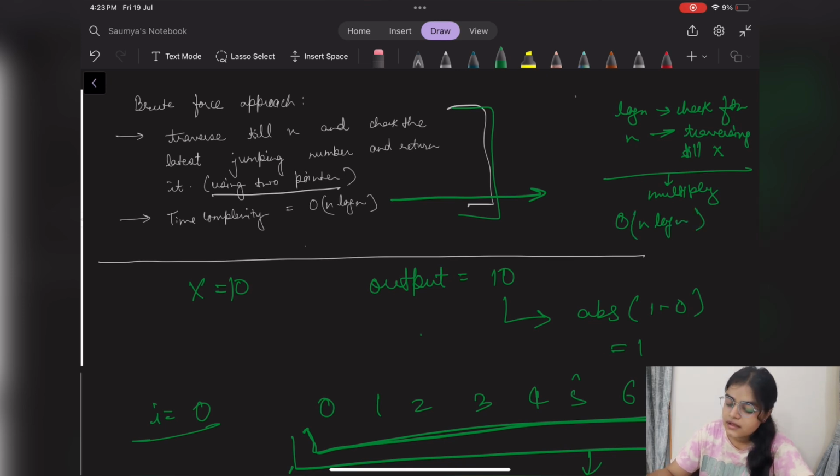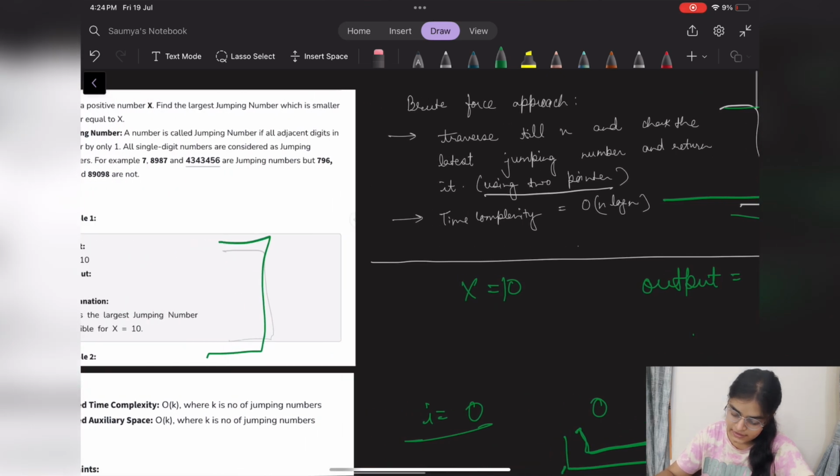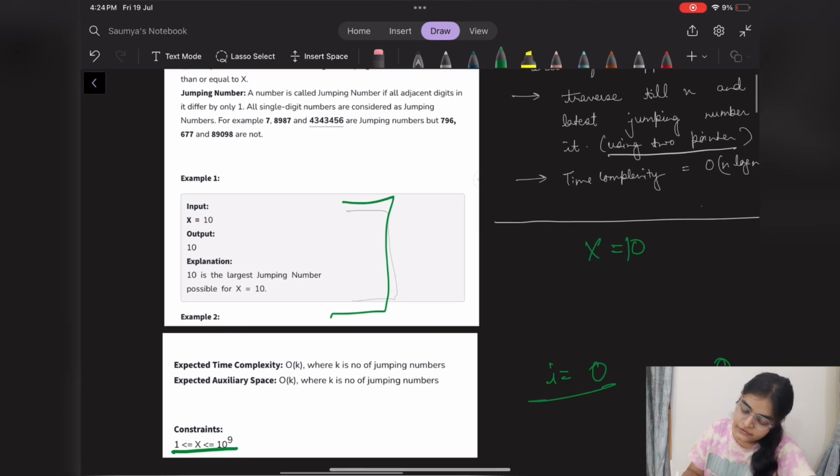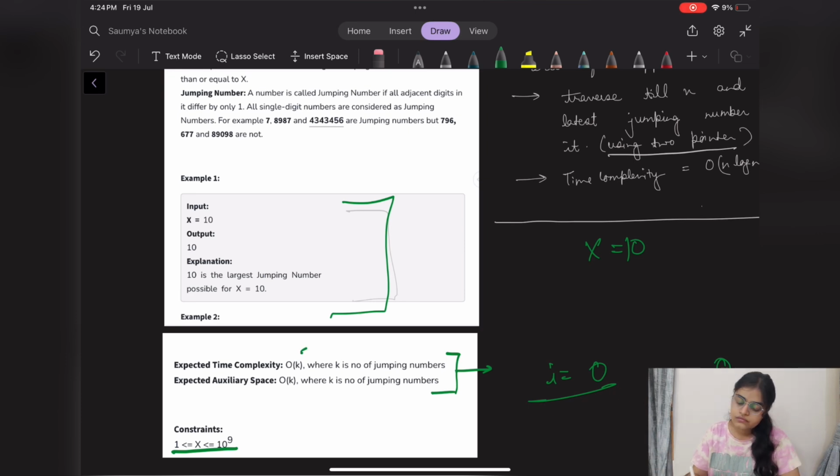Right? Now let's go to the constraint and see if this brute force code will work or not. Okay, the question itself directly gives the expected time complexity, which should be linear, big O of n.